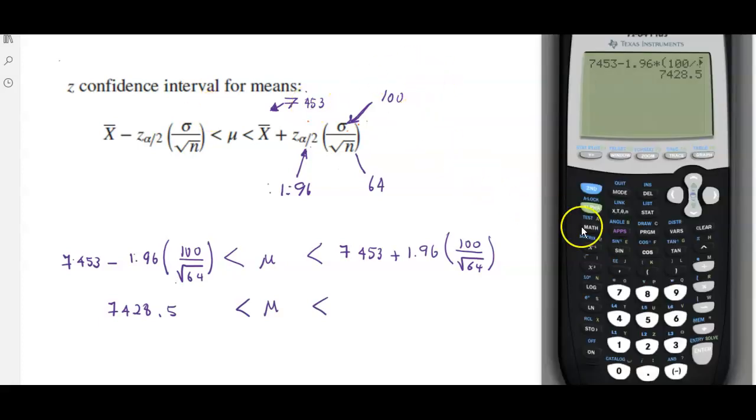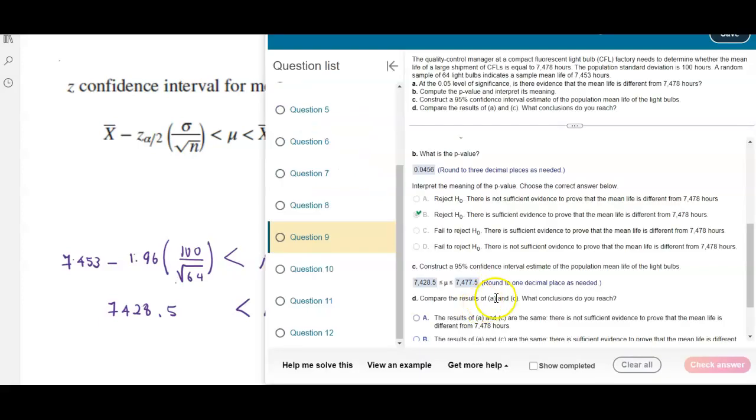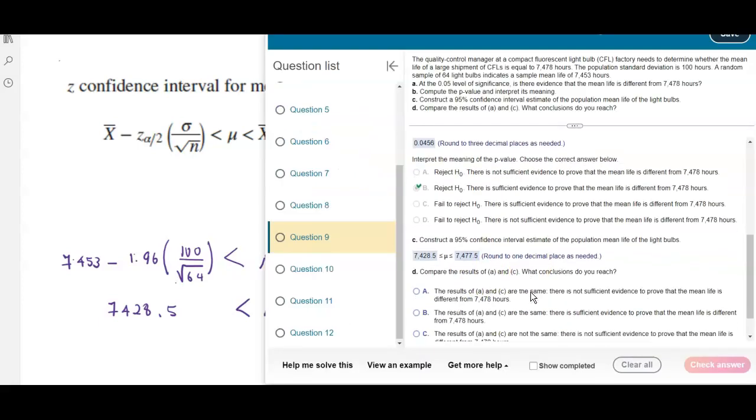For the second part, you can go to the same expression, press enter, go inside, look for that minus sign and turn it into plus. You don't have to type everything. So it is 7477.5. All right, so the verification worked out.